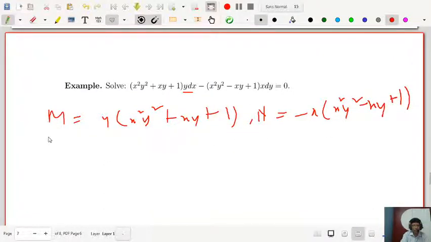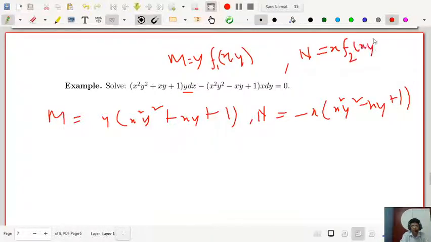Look at that, M is of the form y into a function of xy. This is your observation. And how will you identify the problem? In this way you have to identify the problem. x into f of xy. This type of problem will always be like this. So in that case you will understand that this is of rule 4. You have to apply rule 4 in this.